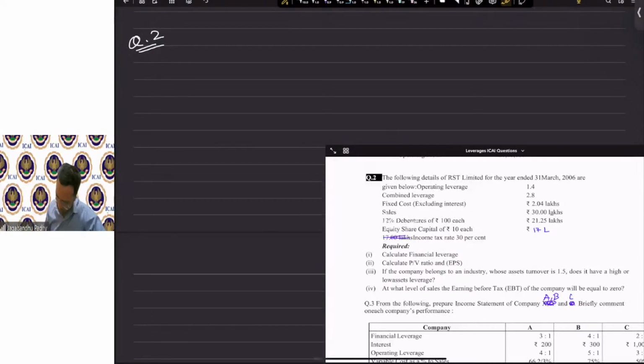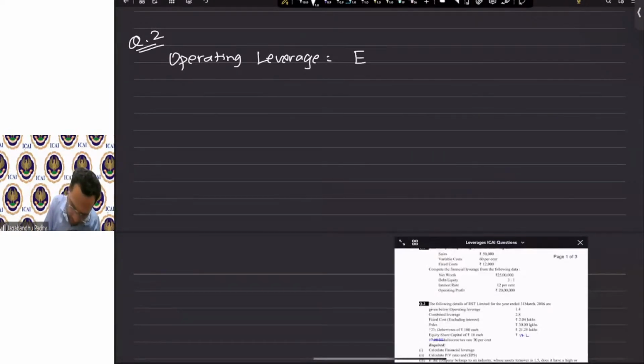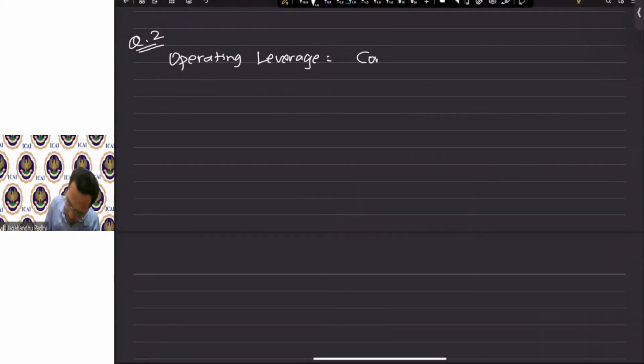Okay, so we have got the sales figure, we've got the fixed cost, then we have the operating leverage and all. So fixed cost is given as 2.04. Let's look at the operating leverage first. As per our formula, operating leverage is contribution upon EBIT, right?